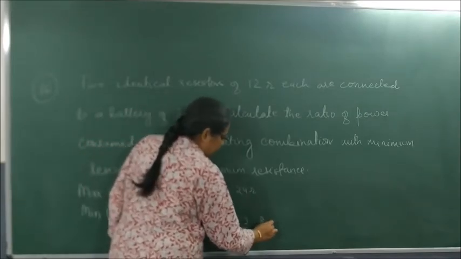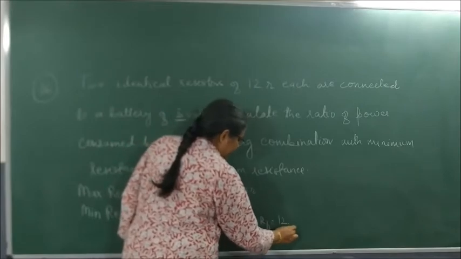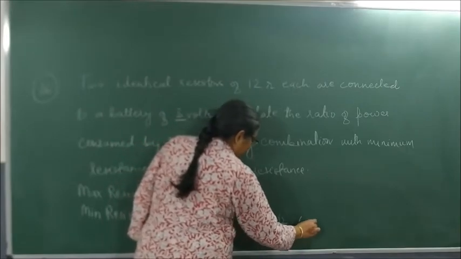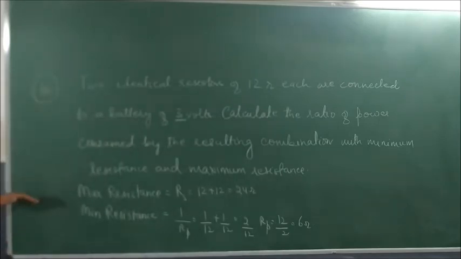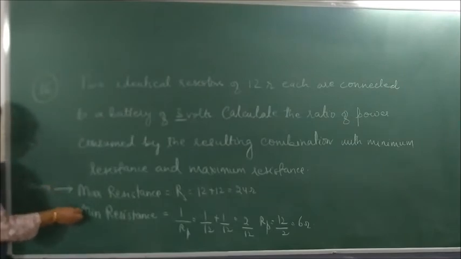So Rp is equal to what? 12 by 2, which is equal to how much ohms? 6 ohms. Correct? So for maximum resistance, you should connect it in series. For minimum resistance, you should connect it in parallel. So you should write series, maximum resistance, parallel, minimum resistance.